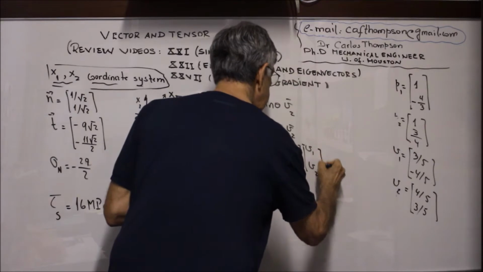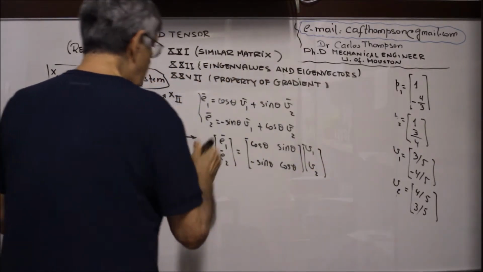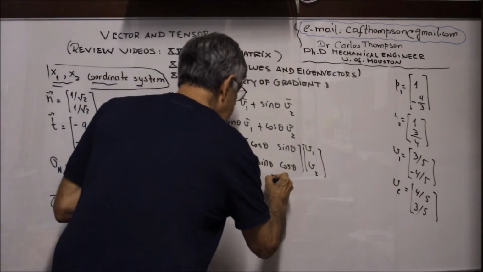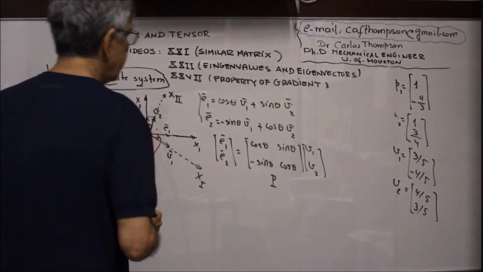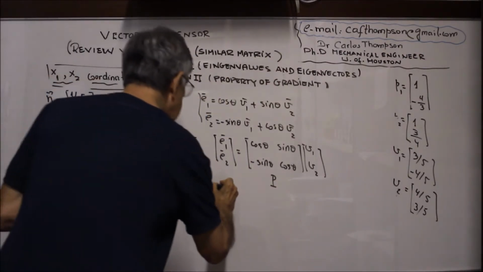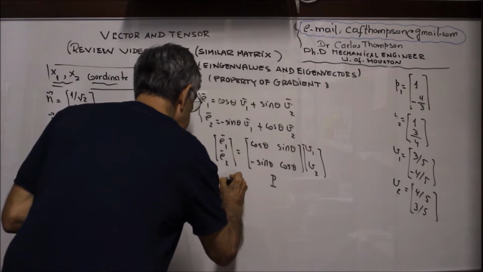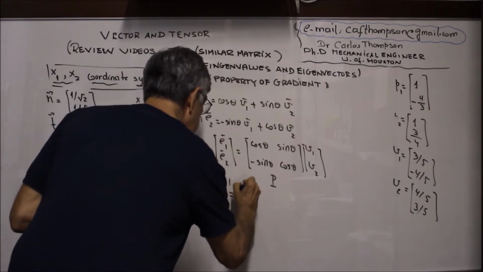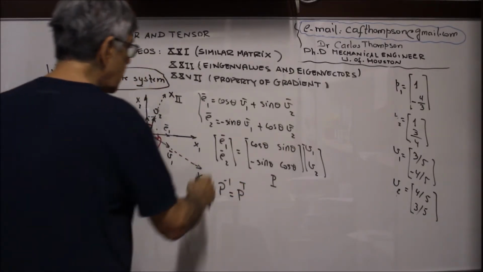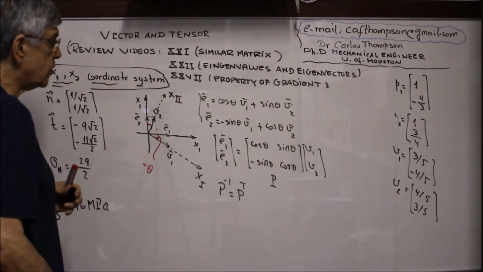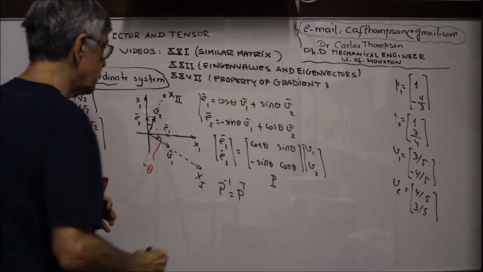We call this matrix the transition matrix, P. So P inverse is equal to the transpose, because we are dealing with an orthonormal basis.